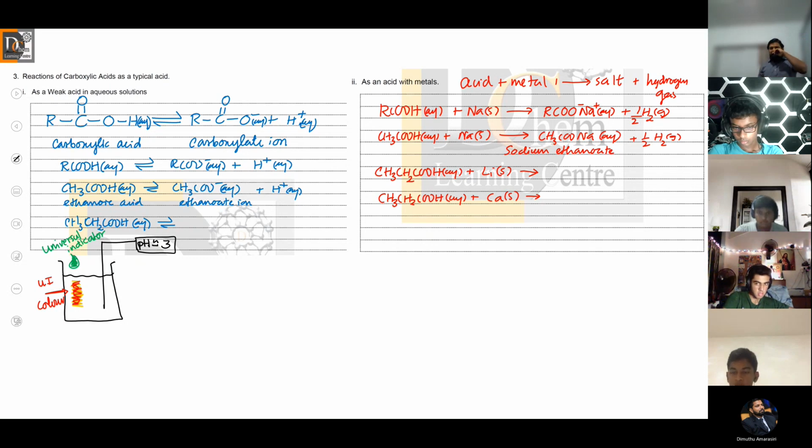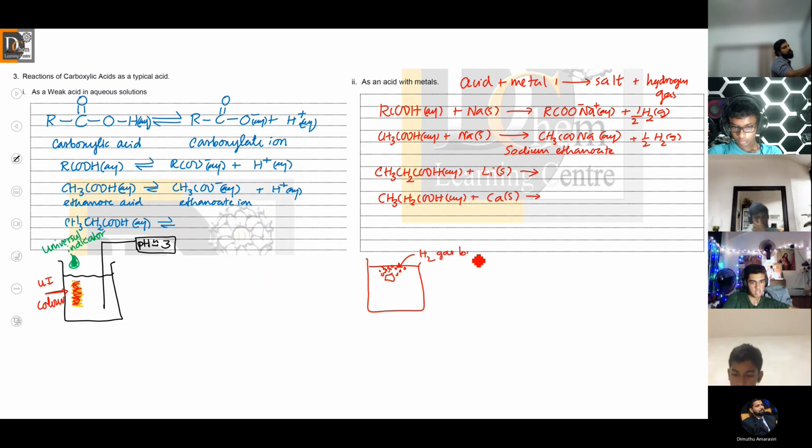When you write the formula of calcium propanoate, you have to be careful because the valency of propanoate is 1. Calcium is in group 2, therefore its valency is 2. You have to put the valency numbers. And when this reaction happens as usual, you put the piece of metal, and it gives you gas bubbles, effervescence.